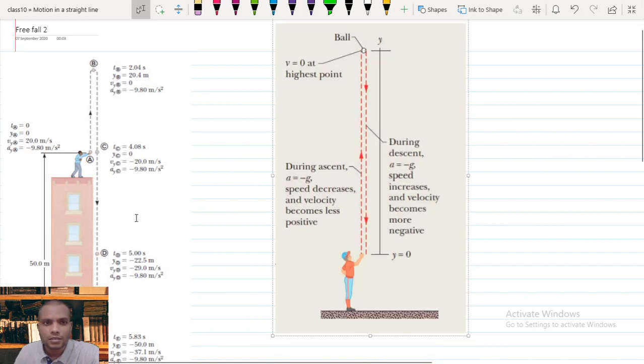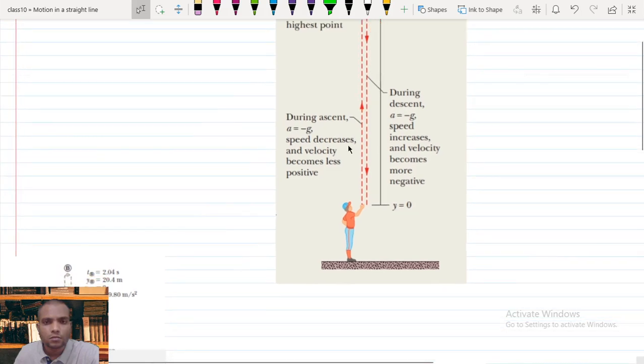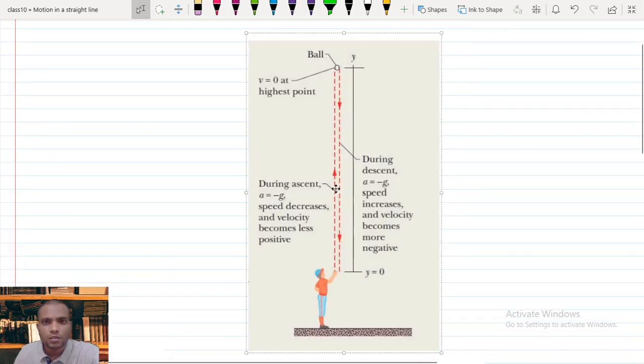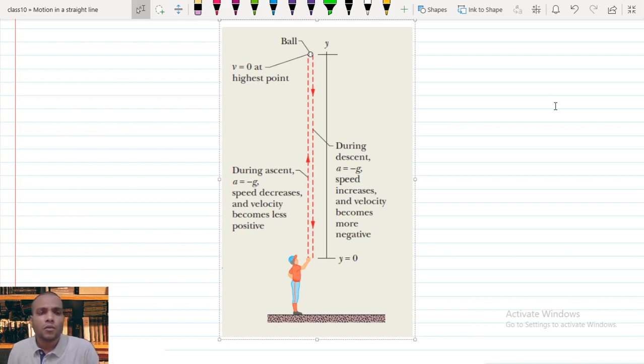Now I am throwing a ball from my hand in the upward direction. What happens? The ball will come back, and I am able to catch it.